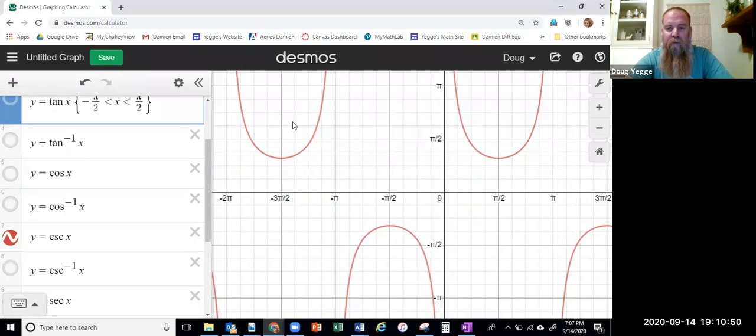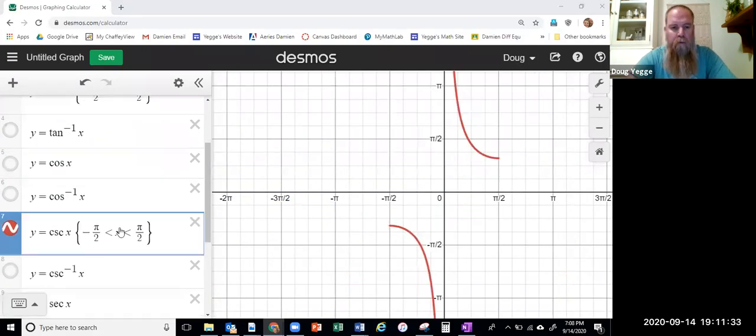So if we restrict that range to only be the y values between -π/2 and π/2, then notice that we get every single possible y coordinate just by looking at this piece of the graph.